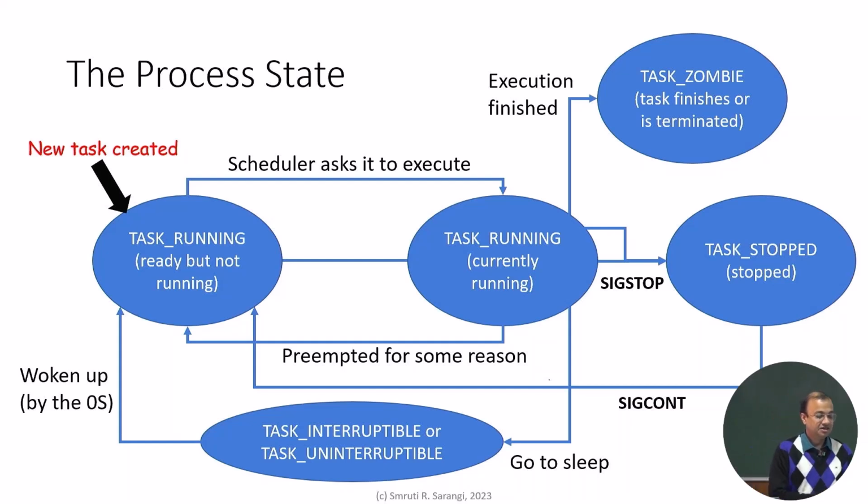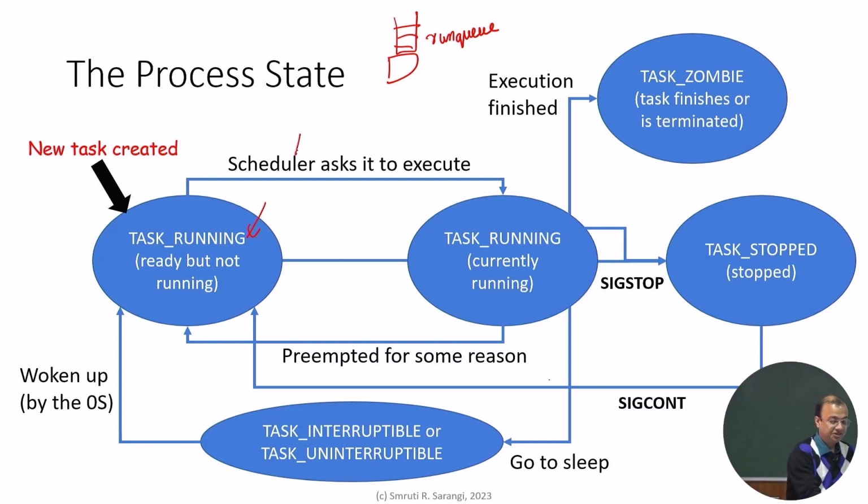Task running basically means that either the task is currently running or it is ready to run. What Linux does is, for every CPU, it maintains a queue of tasks known as the run queue. Run queue means that I am ready to run, but of course at one point of time only one task can be running on the CPU. So clearly I am ready, but I am not running, so still my state is task running.